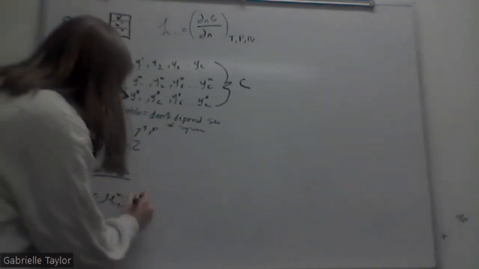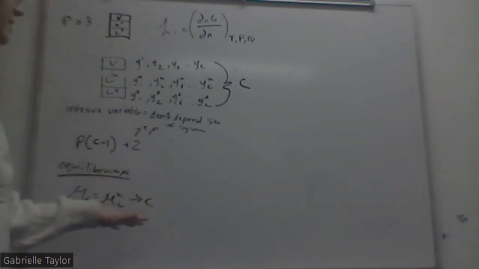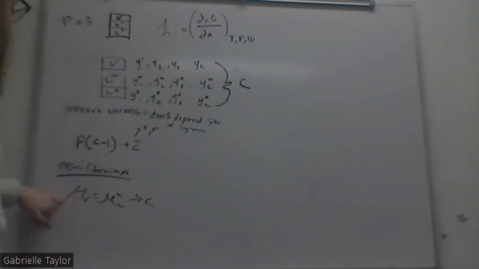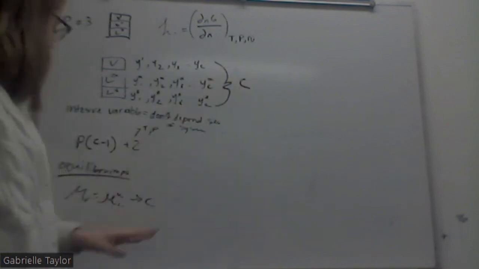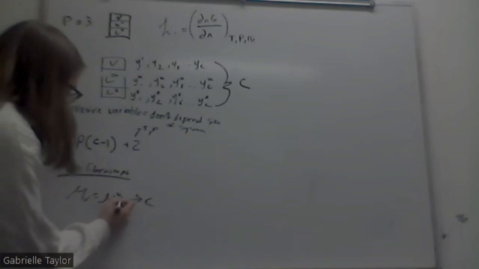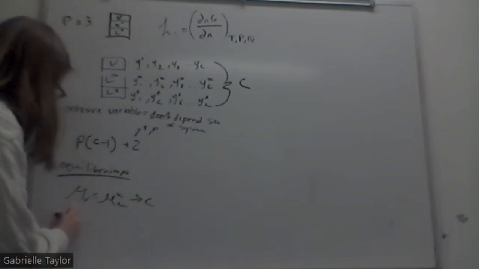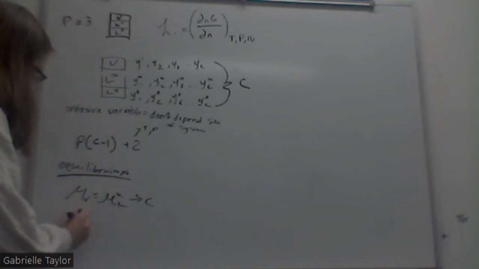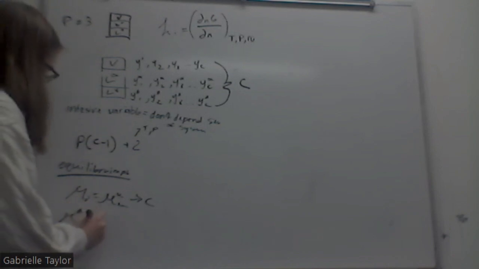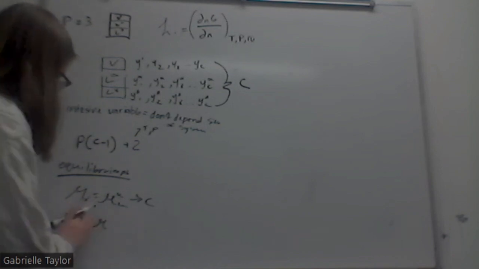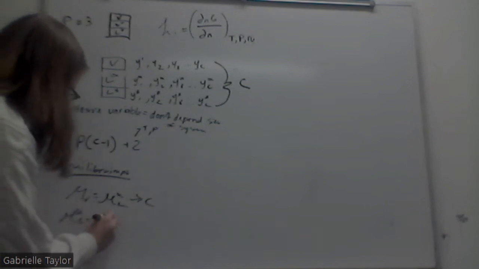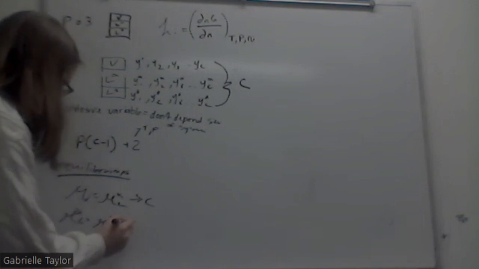And what are these equal? This is C, because there are C components. And we also know that the chemical potential of beta equals the chemical potential of alpha.